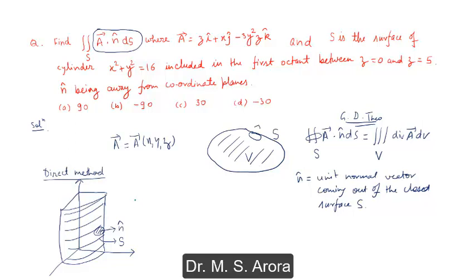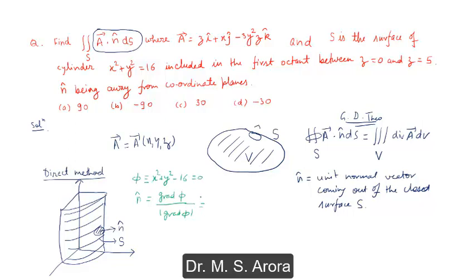First, we have to find n cap, and we know that n cap is gradient phi upon mod gradient phi. So here, what is phi? Phi is actually x square plus y square minus 16.